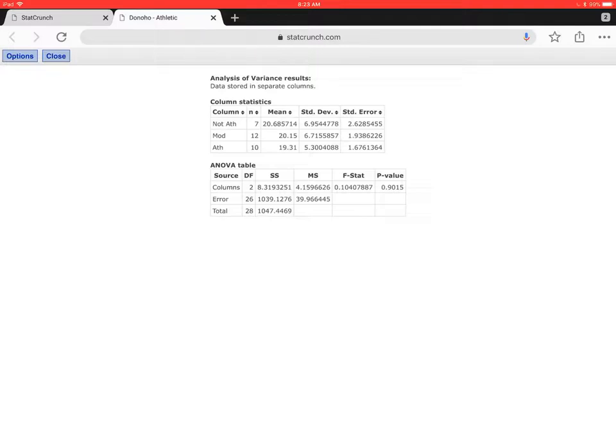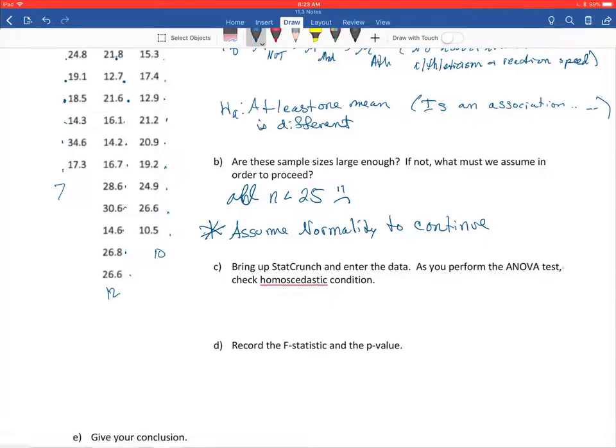But what I want to do is check, so I'm going to look at the standard deviations. Again, look at the standard deviations, not the standard errors when they're given. It looks like my smallest is 5.3 and my largest is about 6.95.